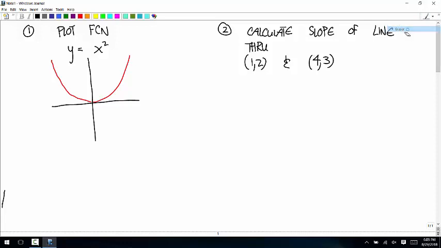So I'm going to draw those points out. (1, 2): you go 1 over in the x direction and then 2 up in the y direction.